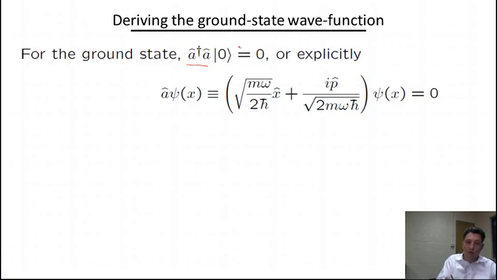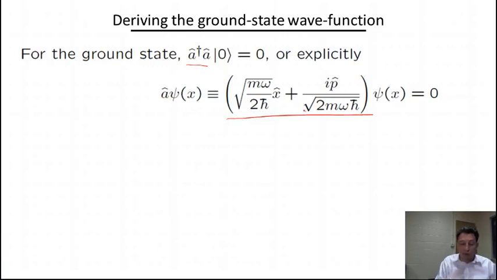It's an eigenstate with eigenvalue 0, and the eigenenergy of this state is equal to h omega over 2. In other words, the annihilation operator acting on this state must produce 0. And we can write this annihilation operator explicitly in real space. We use the definition of A as so.